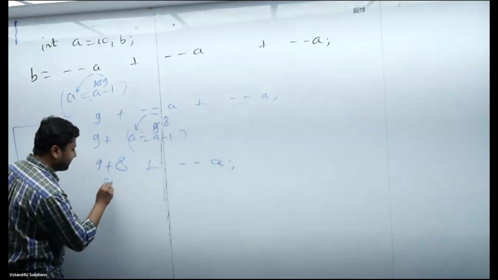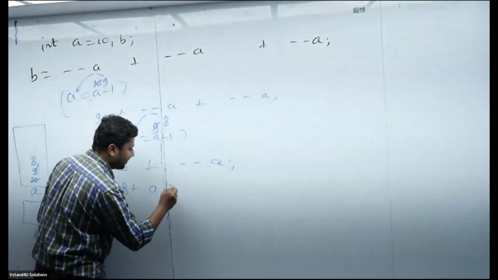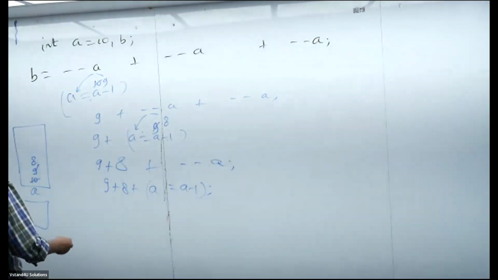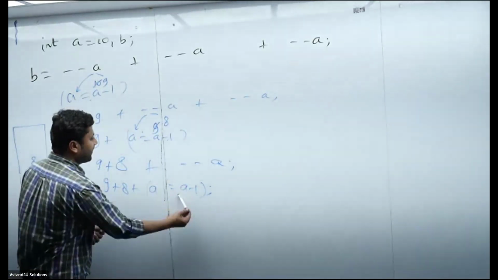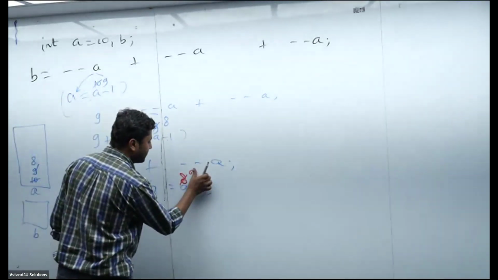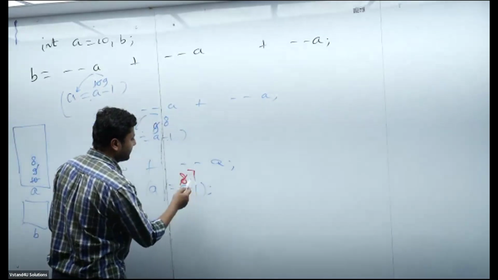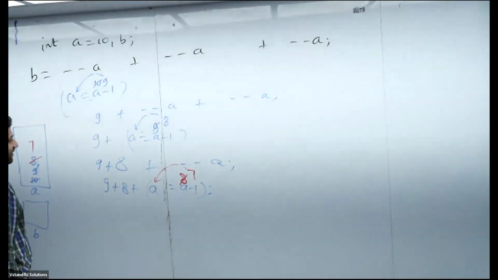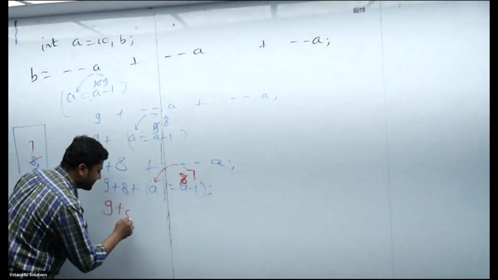Am I right? Okay, sir. Current value of a is 8, 8 minus 1 becomes 7. This 7 will be assigned to a. So a becomes 7. Then the entire expression is 9 plus 8 plus 7.